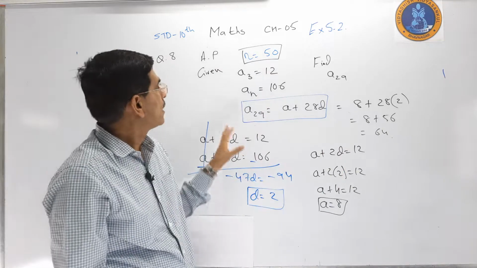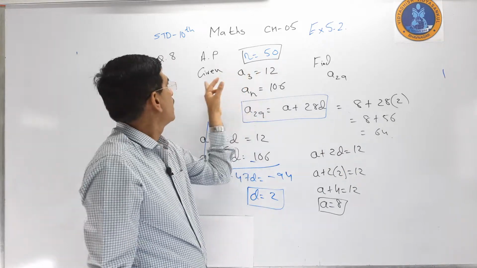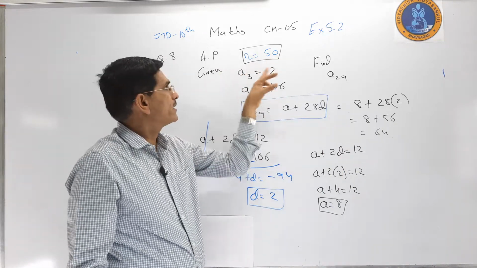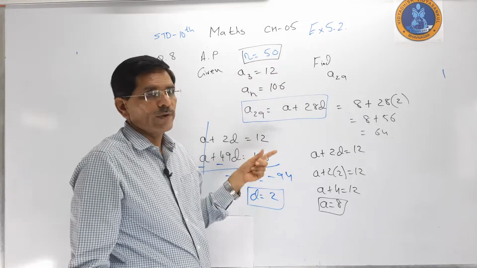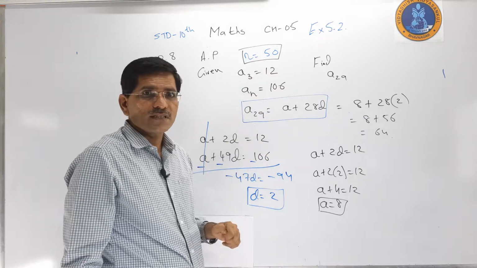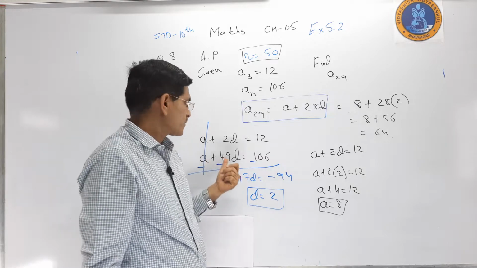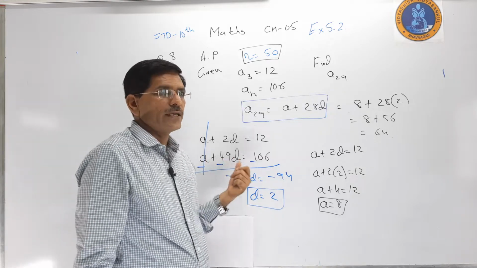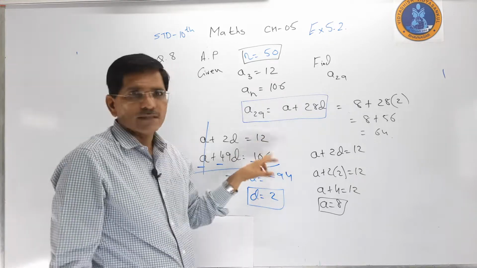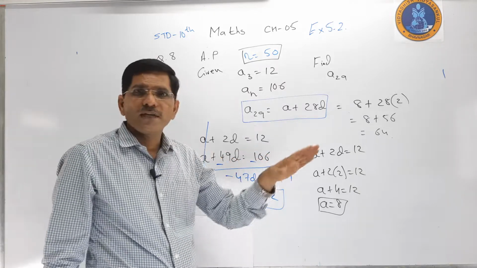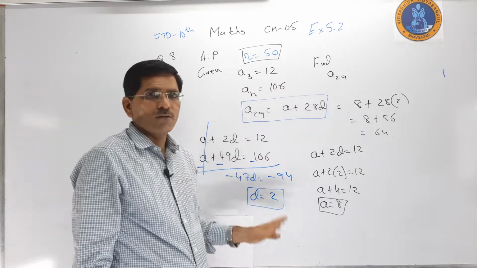So again, what is given? N is equal to 50, A3 is 12, so A plus 2D is equal to 12, and A50 is 106, A50 means A plus 49D, so A plus 49D is 106. Two equations are there. If I simplify, I will get the value of D is equal to 2.